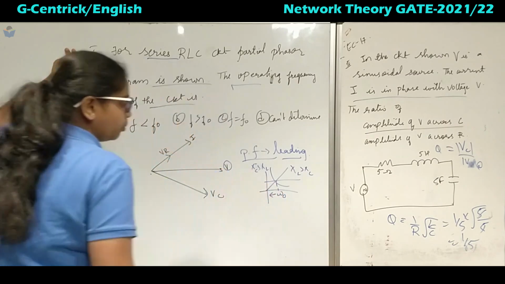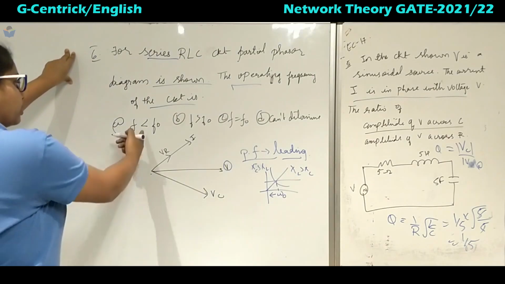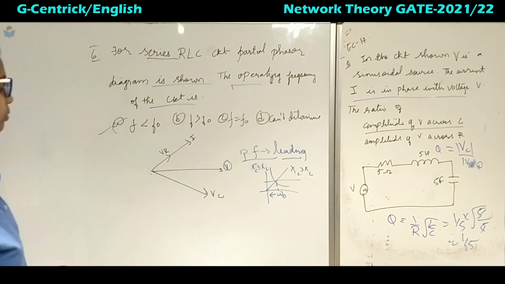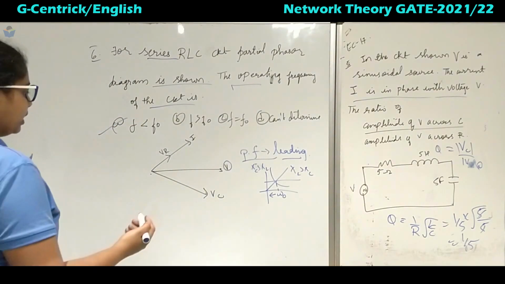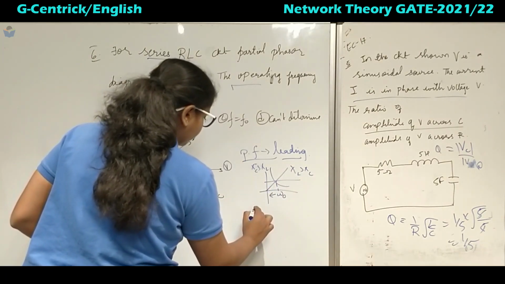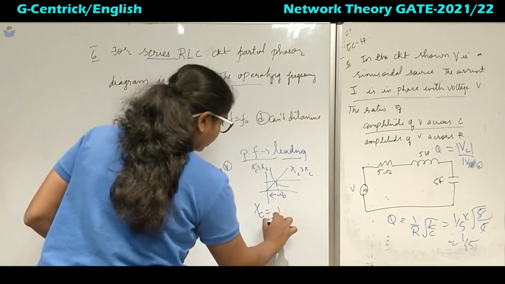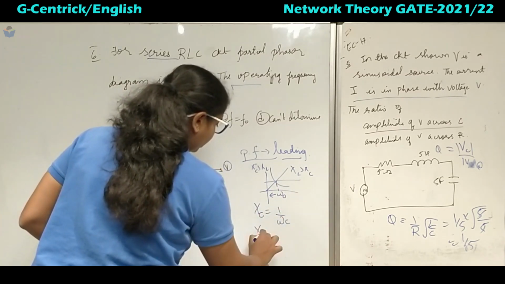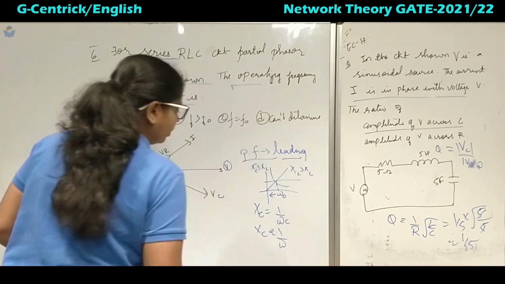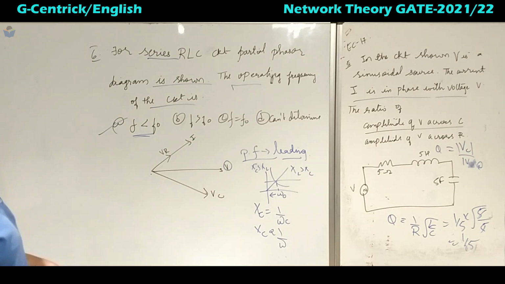Here we are below omega naught, that is, below the resonant frequency. So the first option will be the correct option. XC is nothing but 1 by omega C, which varies inversely with the frequency. That is why it will be below the resonant frequency.